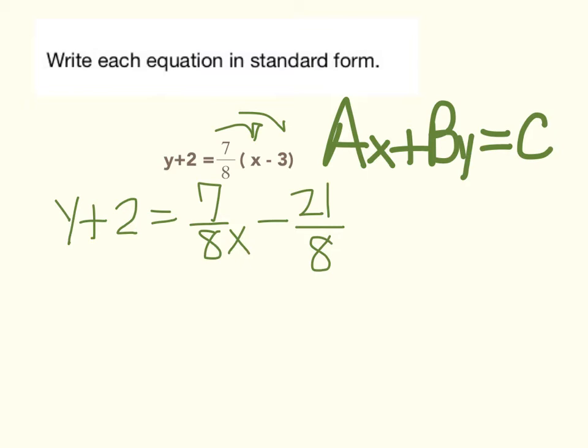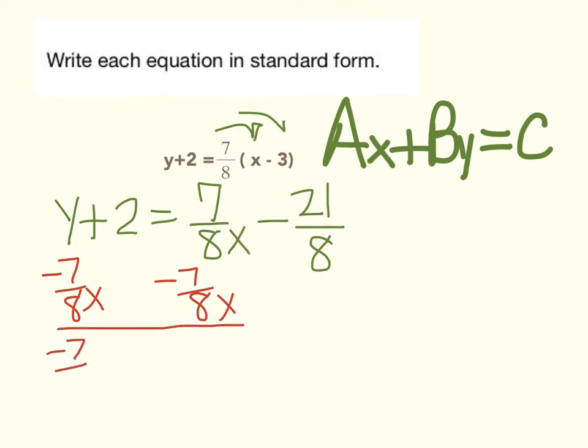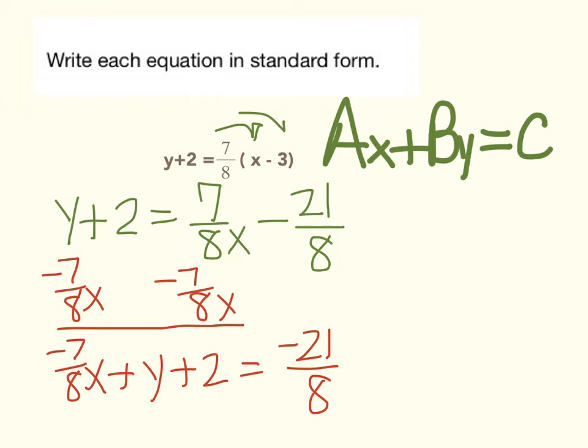Okay? Now remember, for standard form, I need to get all the constants on the right. So the first thing that I'm going to do is subtract 7/8 x from both sides. So now I have -7/8 x plus y plus 2 equals -21 over 8. Now I have to move this 2. Okay, so I'm going to do that by subtracting 2 from both sides.